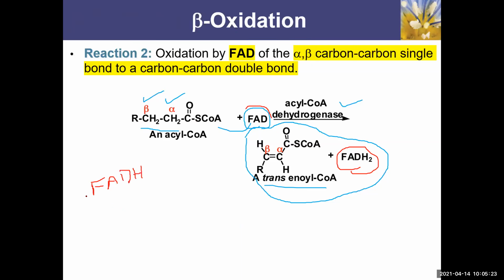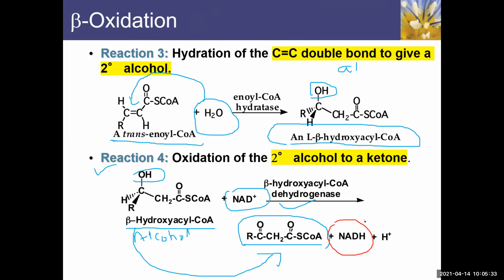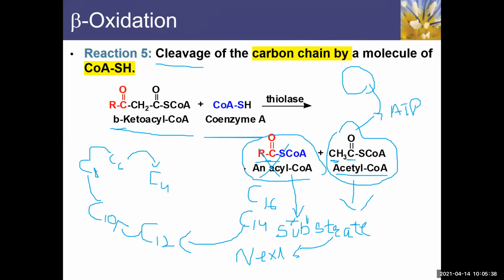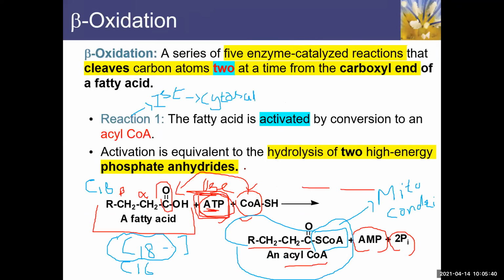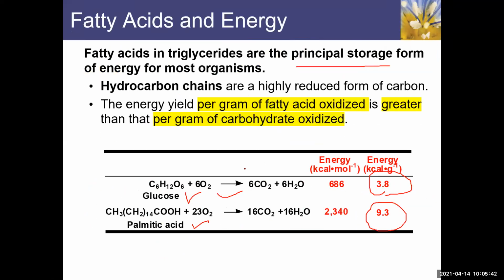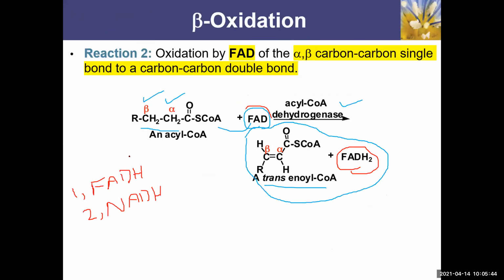I also produced one NADH at the end of one cycle. Yes or no? Here is my one NADH. Did I produce anything else? No ATP, not at all. So in one cycle you produce one FADH2 and one NADH.